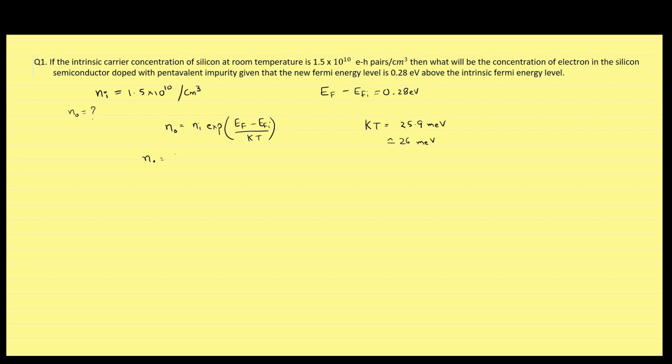Now n naught will be equal to 1.5 into 10 to the power 10 exponential 0.28 electron volt, which is provided in the question itself, divided by 0.026 electron volt.